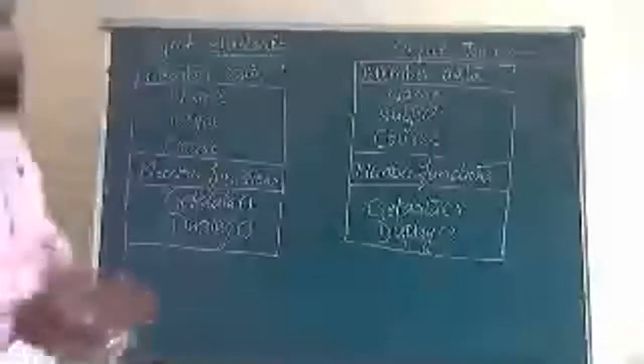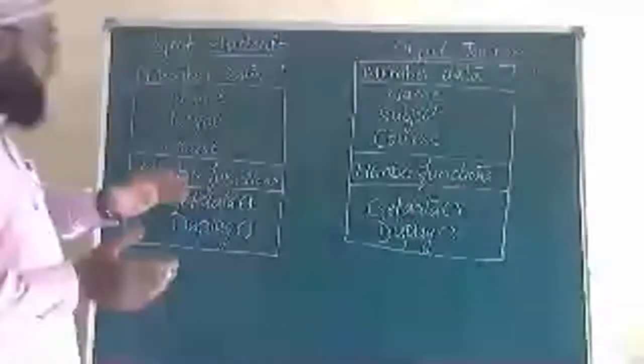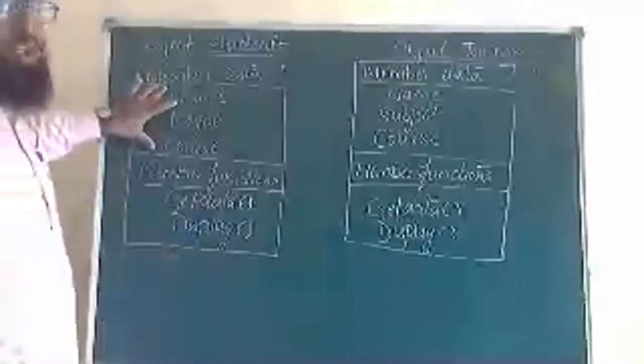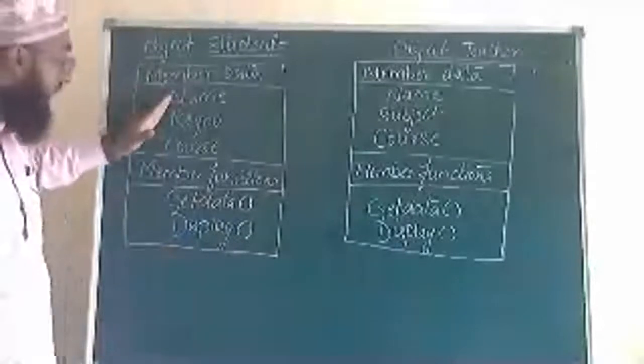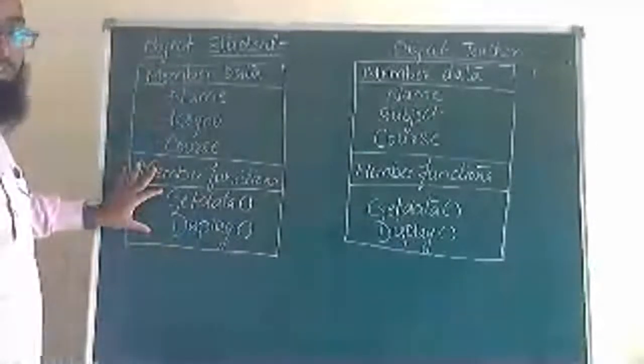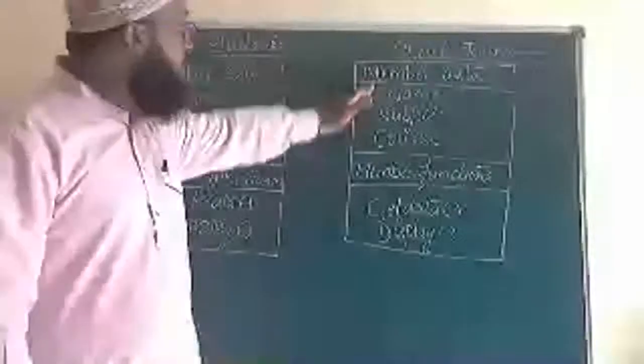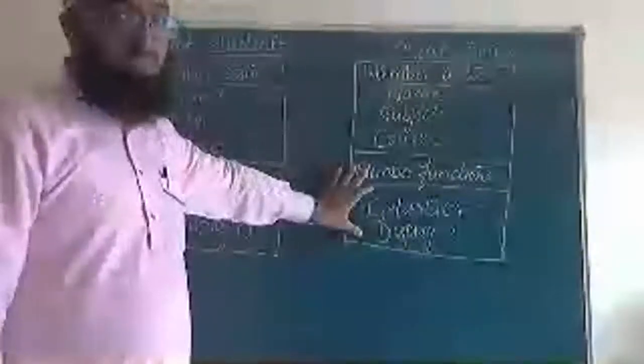So, what is meant by an object? An object is a collection or group of data members and associated member functions.